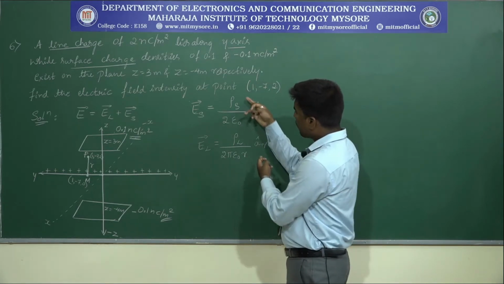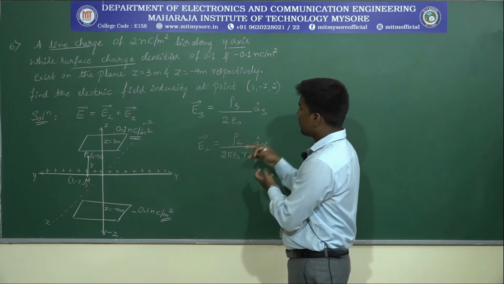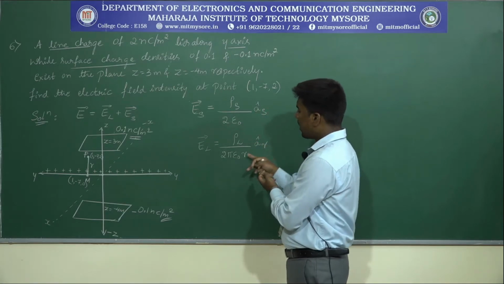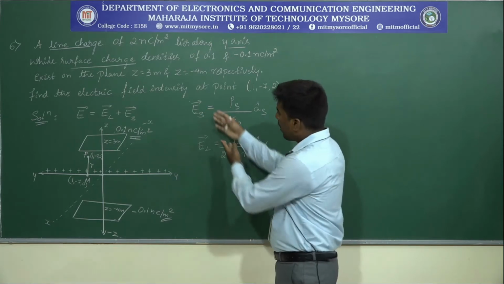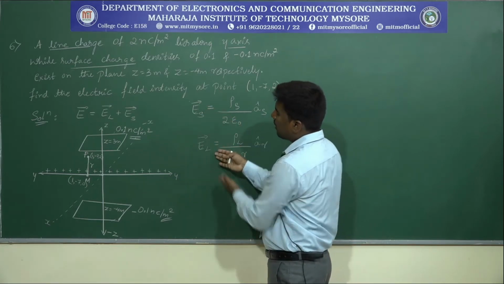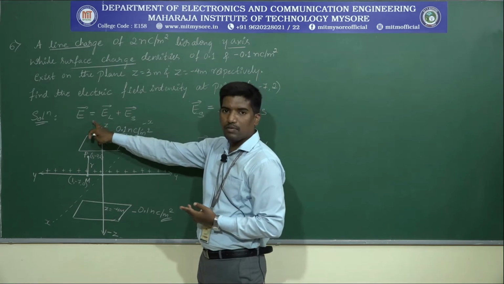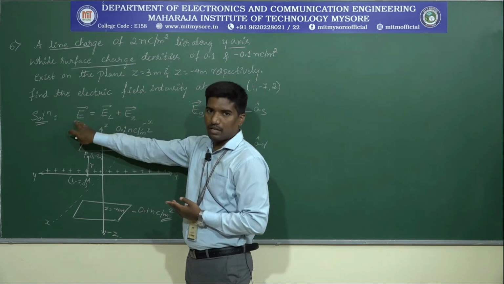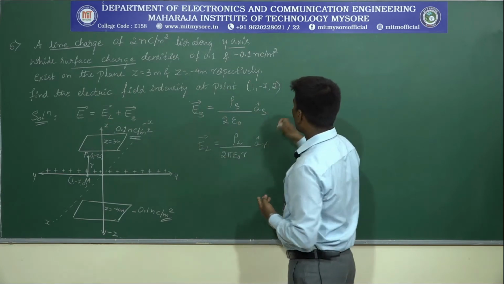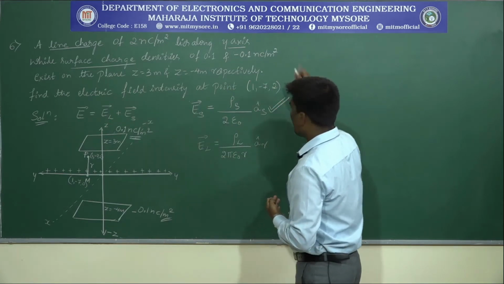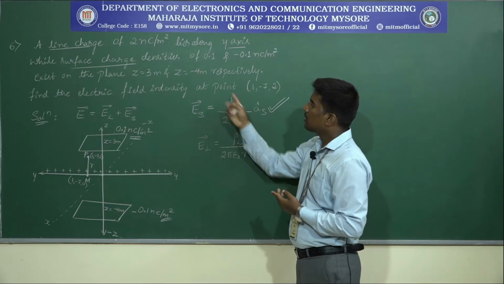We need to substitute for rho S, a cap S, rho L and a cap R and R in order to obtain ES and EL. Later, after obtaining ES and EL, you need to substitute into this equation in order to obtain total electric field intensity. Before going to that step, the first thing is calculate ES, surface charge density.